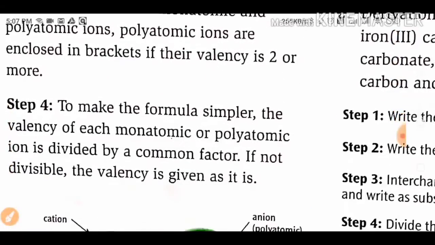To make the formula simpler, the valency of each monoatomic or polyatomic ion is divided by a common factor. If not divisible, the valency is given as it is. So the valency will be divided by a common factor. If not divisible, then the valency will remain the same.